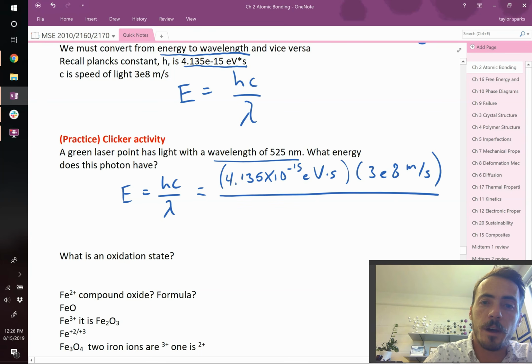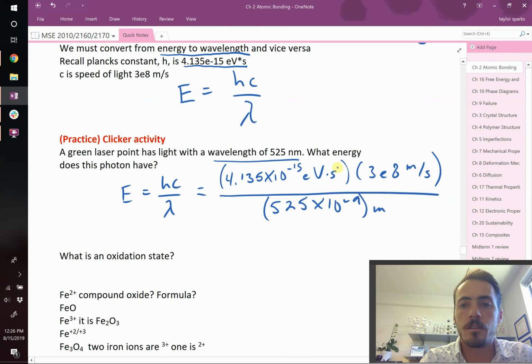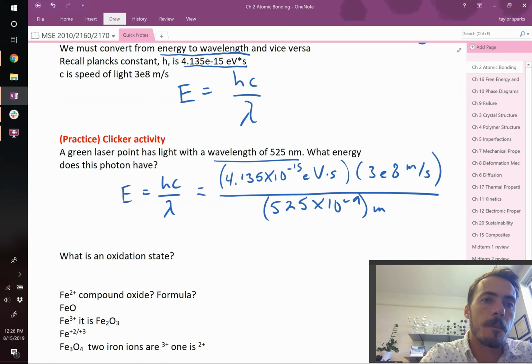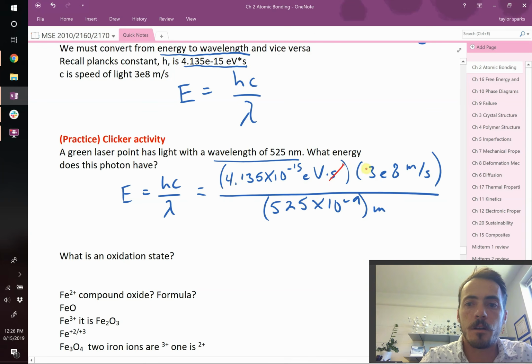Then we're going to divide that by a distance, 525 nanometers. Now, what is a nanometer in meters? That's just equal to 10 to the minus 9th meters. So if you look at this, our seconds cancel out, our meters cancel out, and we should get our answer in electron volts.